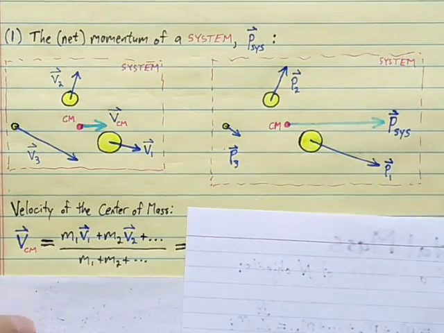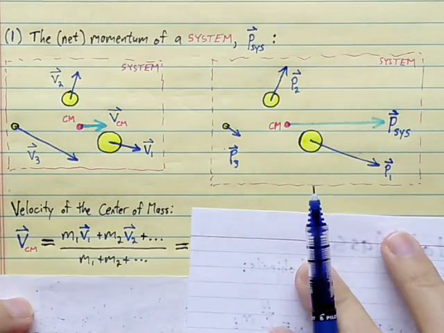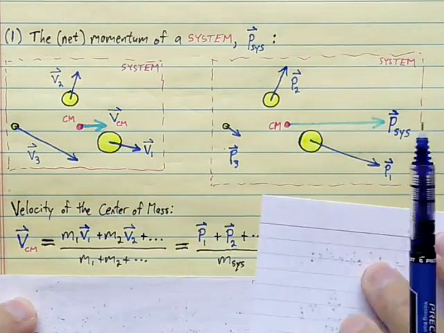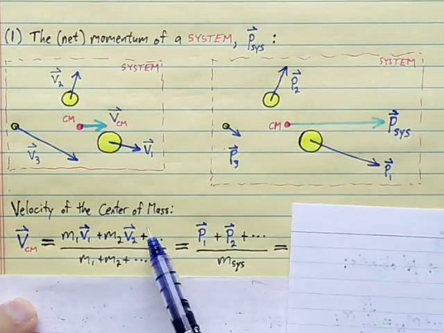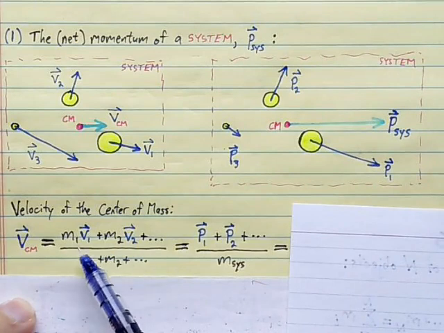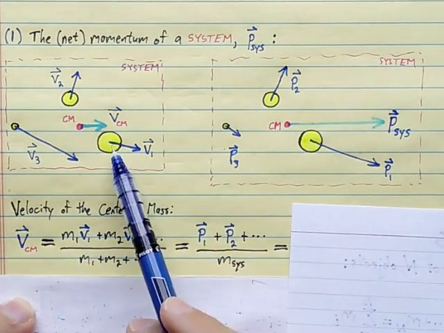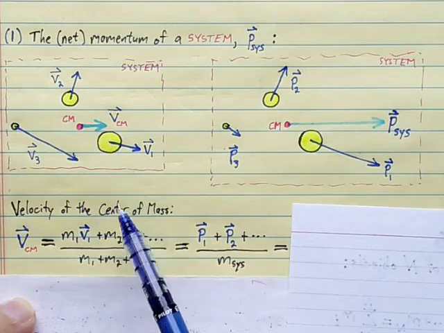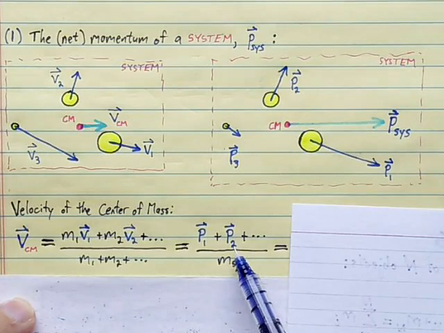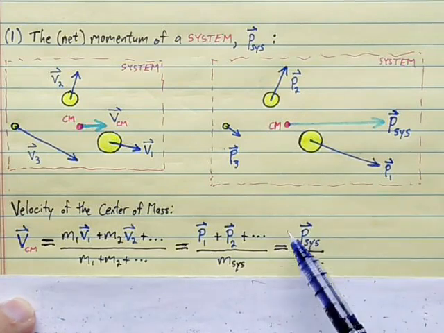So I want to relate the momentum of the system to the velocity of the center of mass. We notice in the numerator here of this definition, in this weighted average, the terms happen to be the momenta of the individual objects. M1, V1, that's the momentum of object 1 here, and so on. So our numerator is really the sum of the individual momenta, which is the momentum of the whole system.